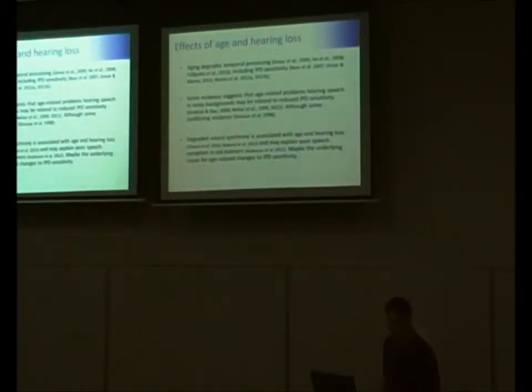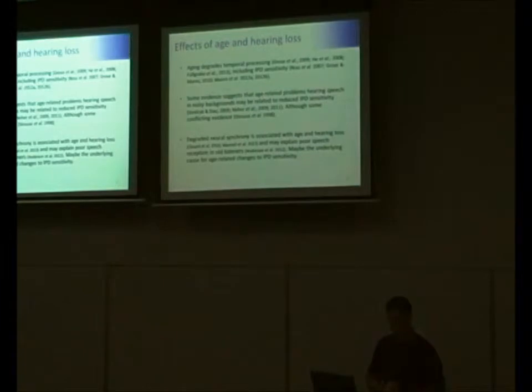As we get older, there seems to be some evidence that we are less sensitive to these interaural phase differences, and this might also be related to age-related changes in hearing speech in noisy backgrounds. So the link is between a poor ability to use these IPDs and actually listening to one speech and ignoring something else from a different angle.